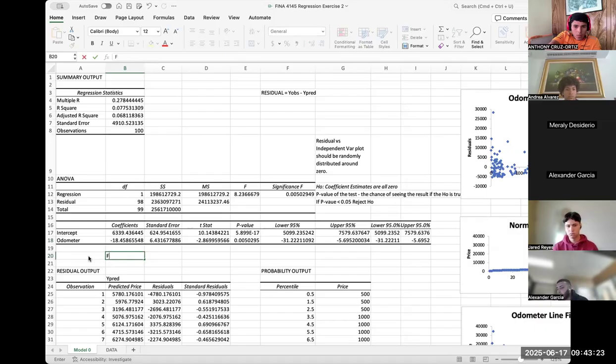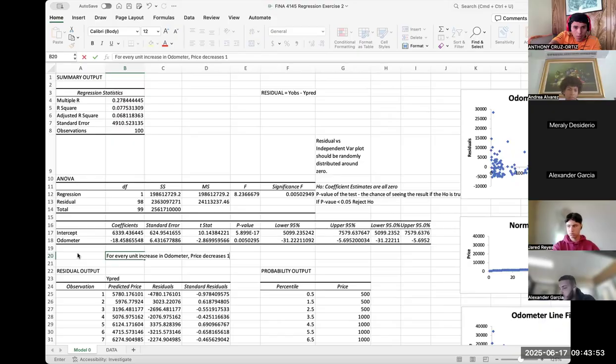For the linear regression, this is a slope. It's a coefficient. This is the slope of the line. And we say for every unit increase in odometer, price, what does price do?